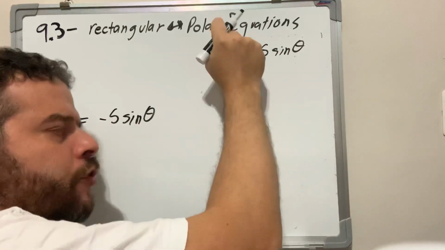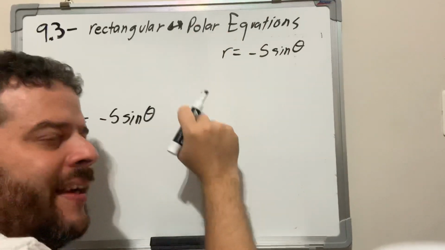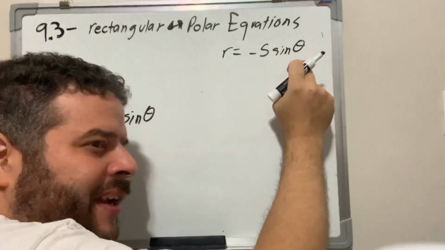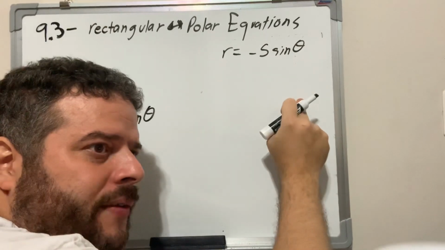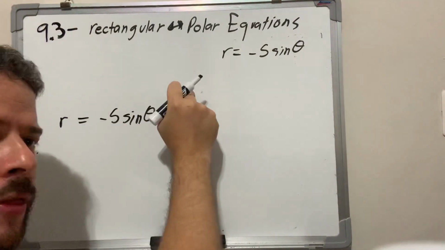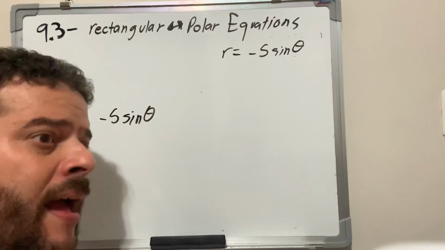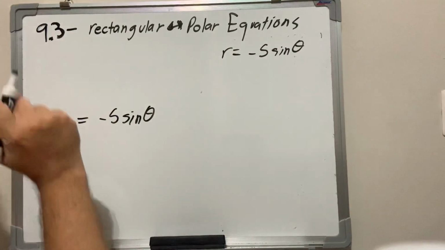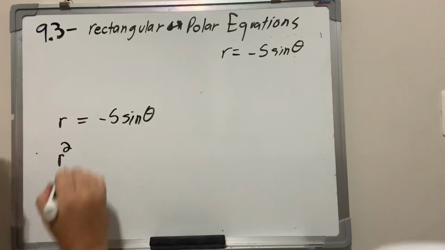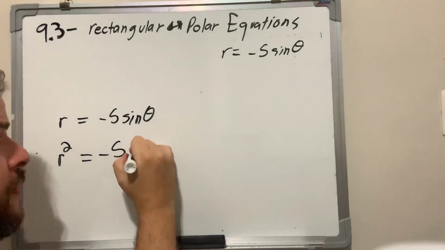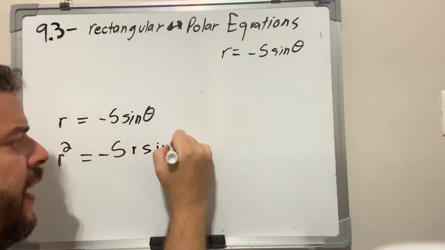I need r squared to go to x's and y's, and I need r sine theta to go to x's and y's. So even though in the previous example I squared both sides, in this example I have to multiply by r. If I multiply this side by r, now I end up with r squared. And here I have negative 5 r sine theta.